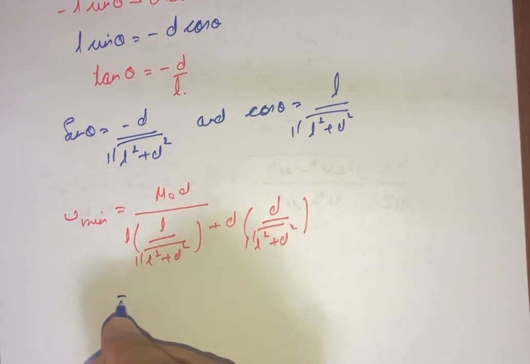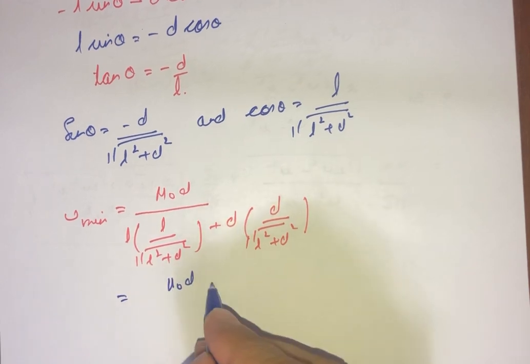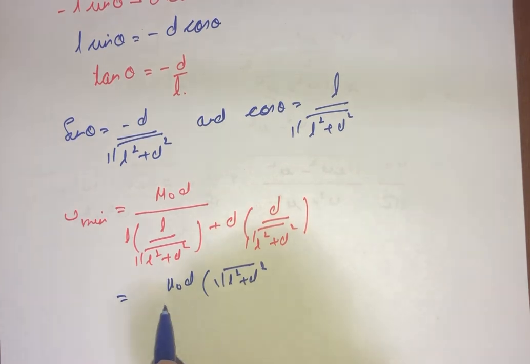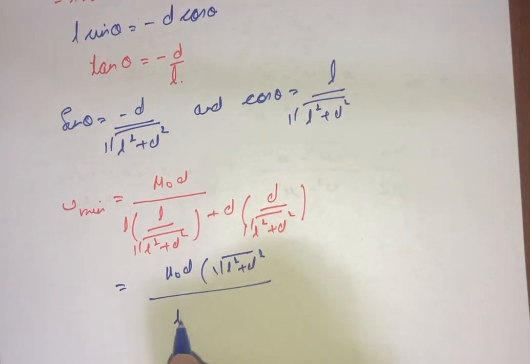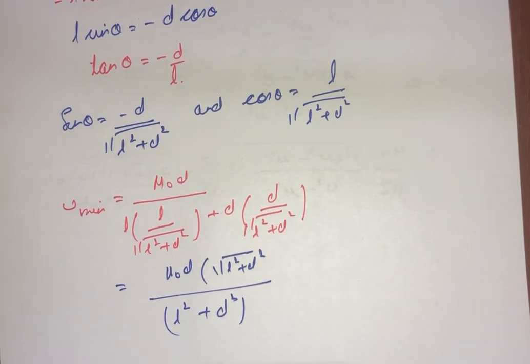So we can write this equal to u naught d multiplied by the square root of L square plus d square divided by L square plus d square.